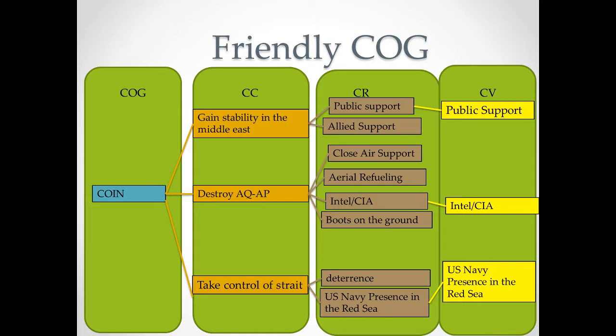If we take out the critical vulnerability of the Intel, then they lose the critical requirement of Intel, which then causes them to lose the critical capability of Intel, which then degrades their COIN operations, since they won't be able to complete one of their objectives of destroying AQAP. That's basically the difference between the COG, the CC, CR, and CV.